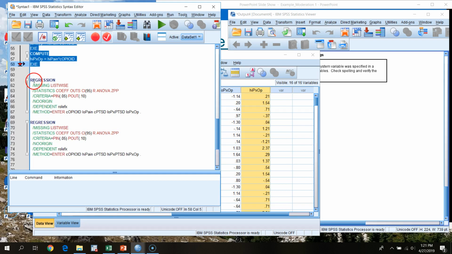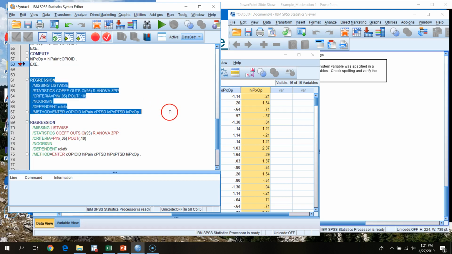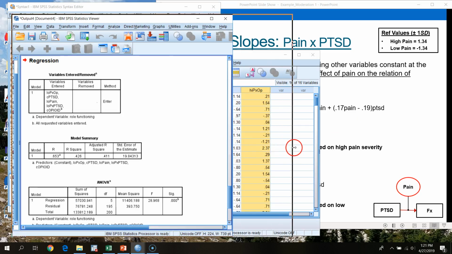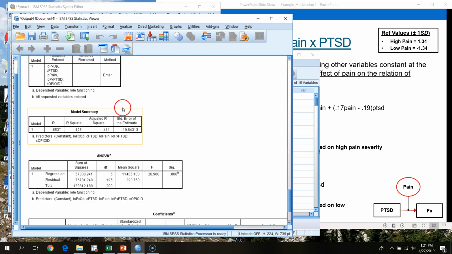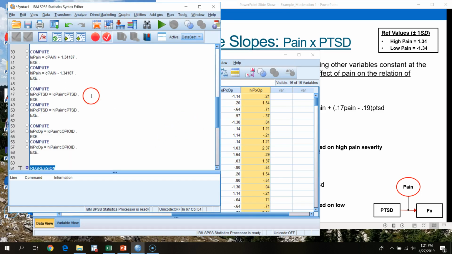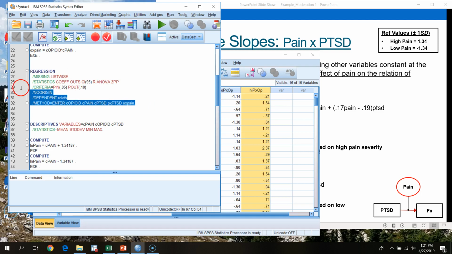So I go down through and I run my regression model. All right. So actually let's do this, I'll go back up and I'll run my original base model.